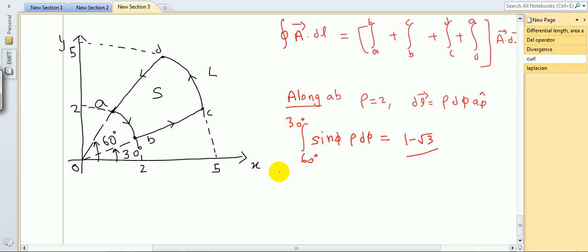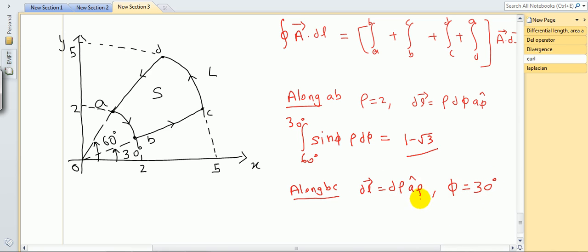Now I will solve along the path BC. Along BC you can see the rho is changing from 2 to 5, but the phi is constant here. So the differential length vector will be d rho a rho cap, and the value of phi we will take here will be 30 degree.